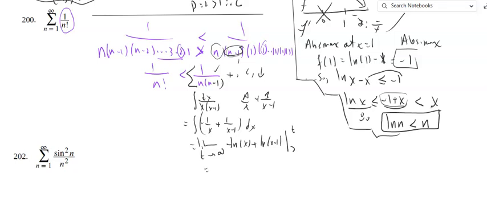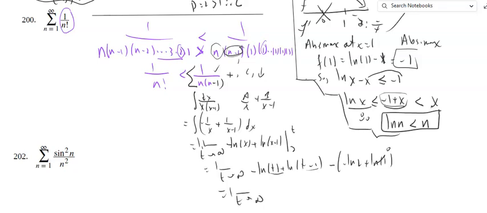So that is the limit as t approaches infinity of negative natural log of t plus natural log of t minus 1 minus negative natural log of 2 plus natural log of 1, that's a 0. Two logs with a minus I could combine into a single log, say natural log of (t minus 1) over t.